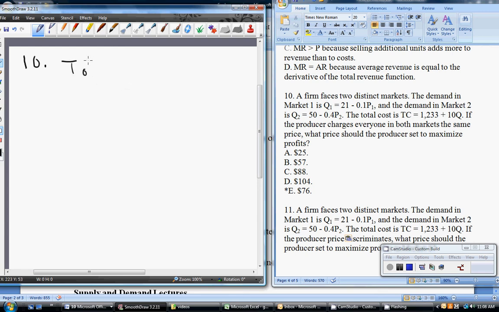First thing we need to do is get the total market demand. Total market demand, Q, will be the summation of the market demand from market 1 and market 2.